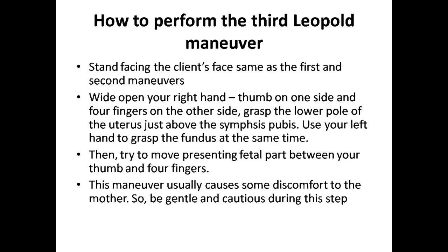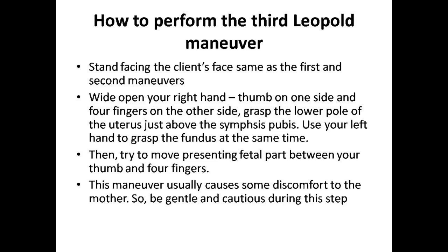Open your right hand wide, with the thumb on one side and the other four fingers on the other side. This maneuver is performed with one hand, most commonly your dominating hand, here the right hand. Spread your hand with the thumb at one side and the other four fingers on the other side.